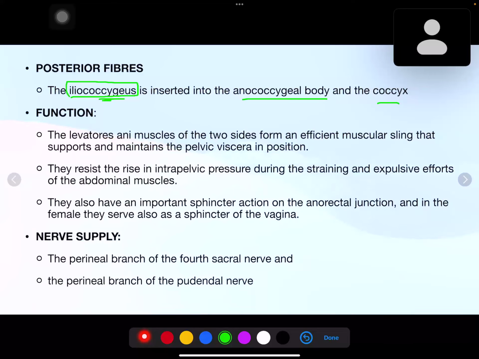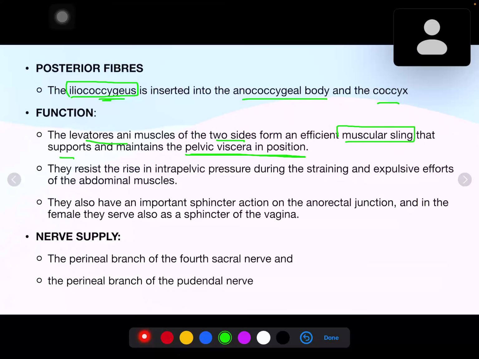Okay. So the very important function of the levator ani muscles of the two sides: they form an efficient muscular sling that supports and maintains the pelvic viscera in position. See, they are giving support to all the pelvic viscera.